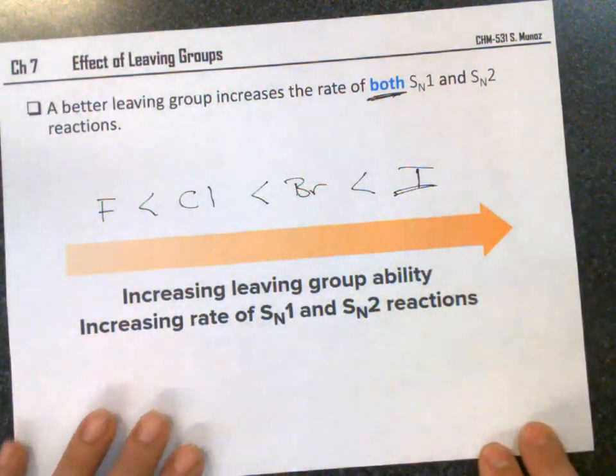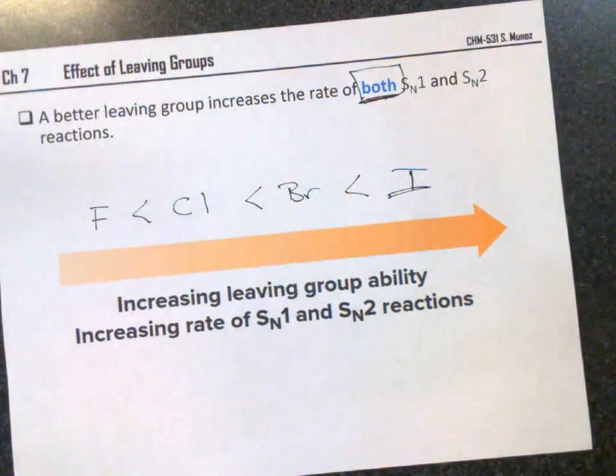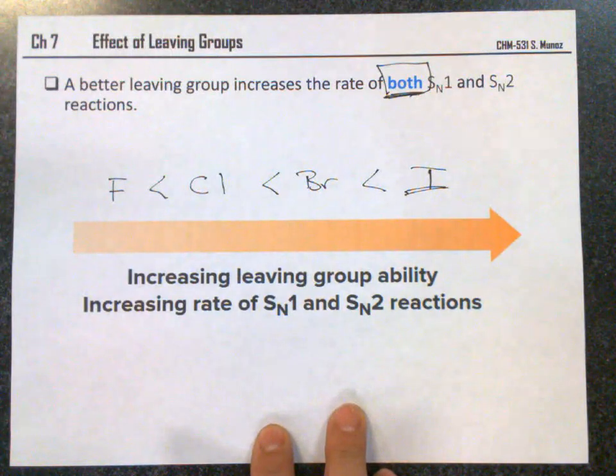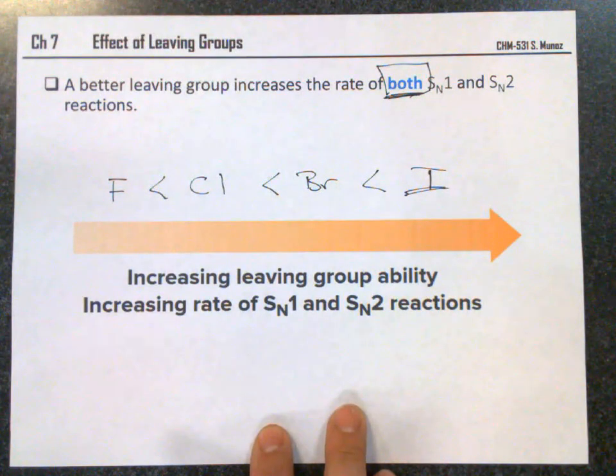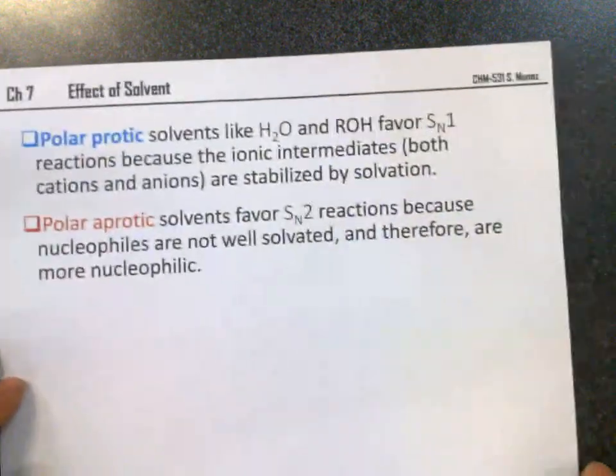We knew that since the beginning. But because it affects the rate of both, it's not clear cut. And so it's not that useful to just look at the leaving group. So please do not just look at iodides and assume it's going to be SN1 or SN2. More important is the solvent effects.